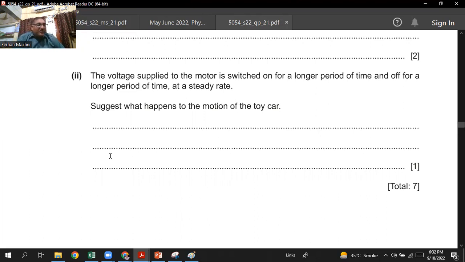And when you keep it off for a longer time, the speed of the car will decrease more than it decreased in the previous part. And if the time is long enough, it might come to rest. Okay, so that's the difference.